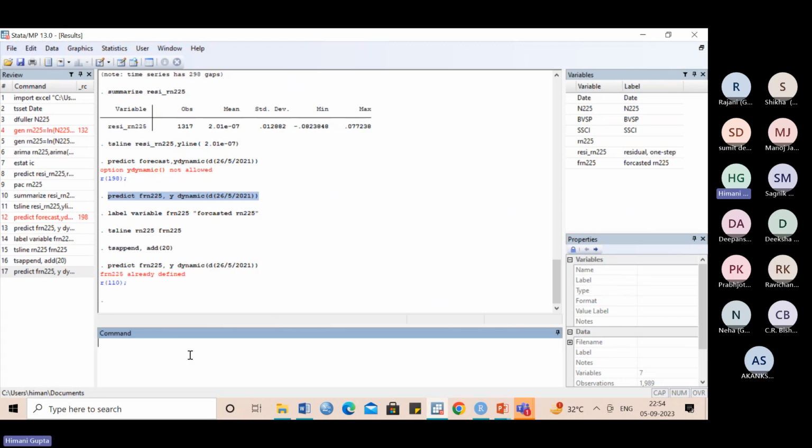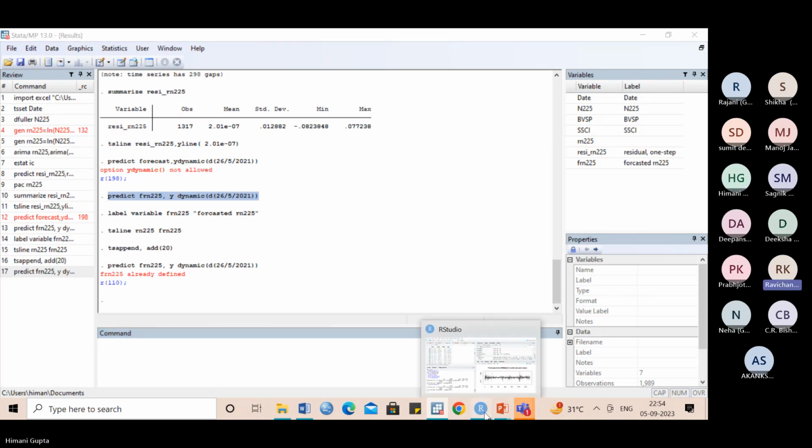Now, any doubt in how we are going to do an ARIMA model in Stata, or ARIMA model in R? Any doubt to anyone? No doubt?